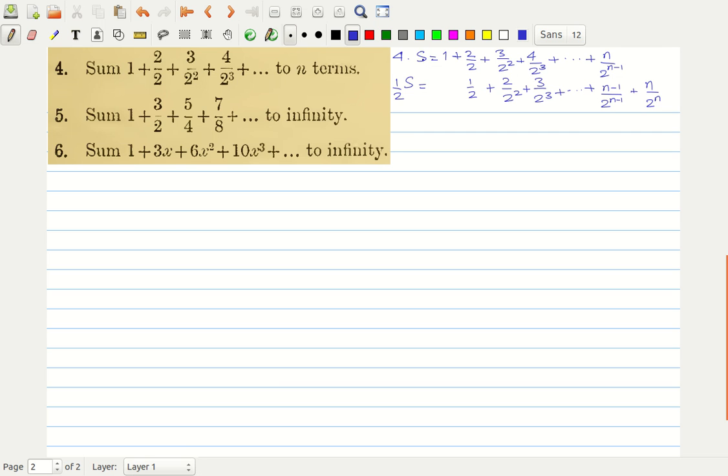Now we subtract s minus half s, so this is 1 by 2 s, and let us subtract the corresponding terms.